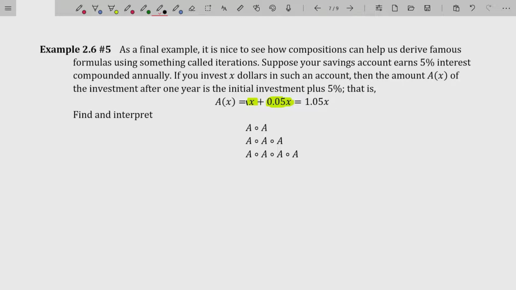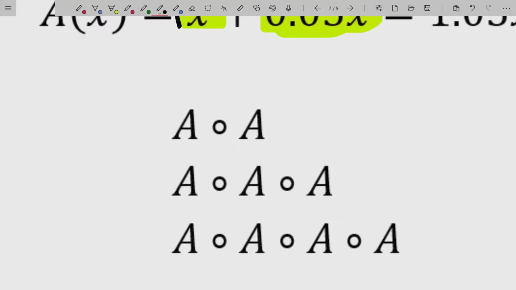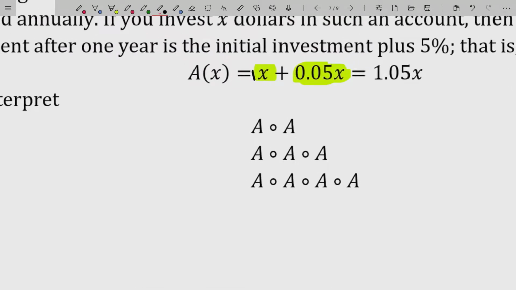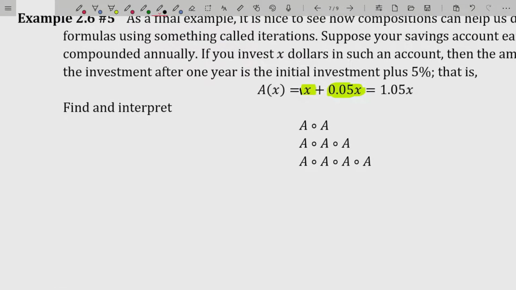And then I ask you to find and interpret the composition A with A. And then interpret the composition A composed with A composed with A, and so on and so forth. Now remember, A itself is just the amount of money we have after 1 year if we have a 5% interest on an investment. A composed with A, well, that takes A, which we've said is 1.05 times X, but instead of X, we're plugging in A.